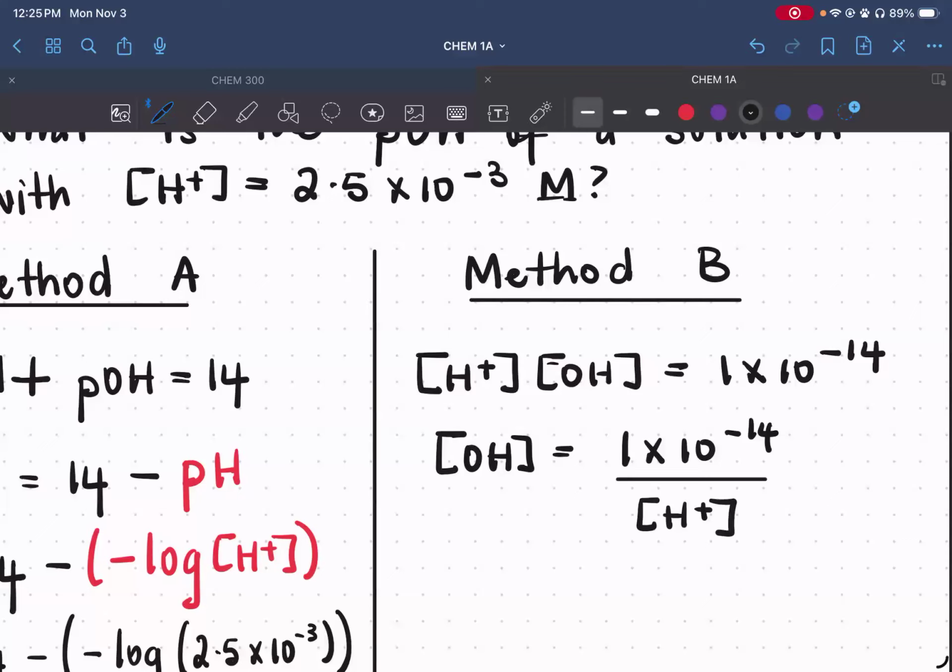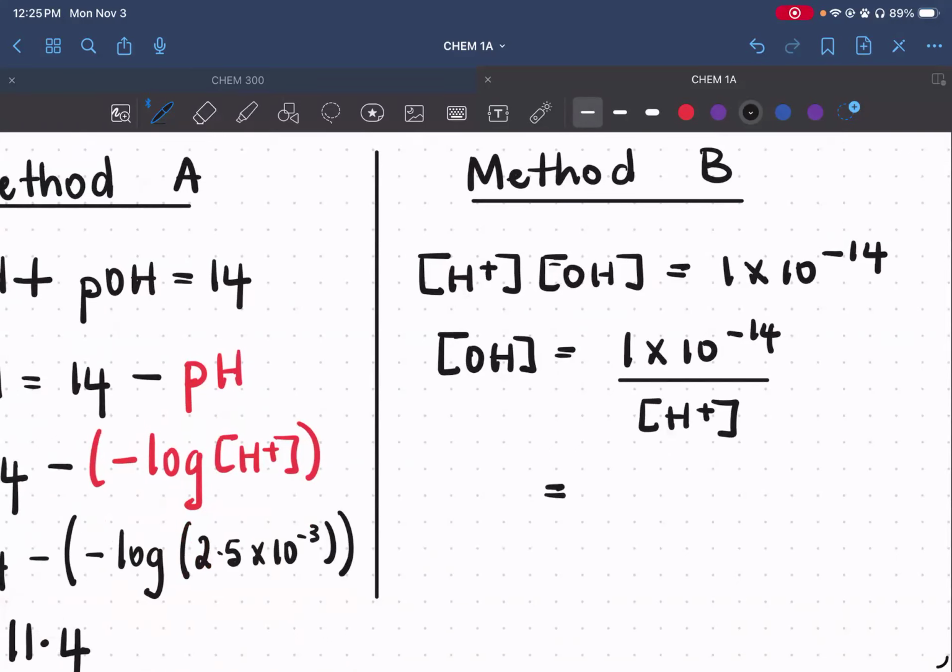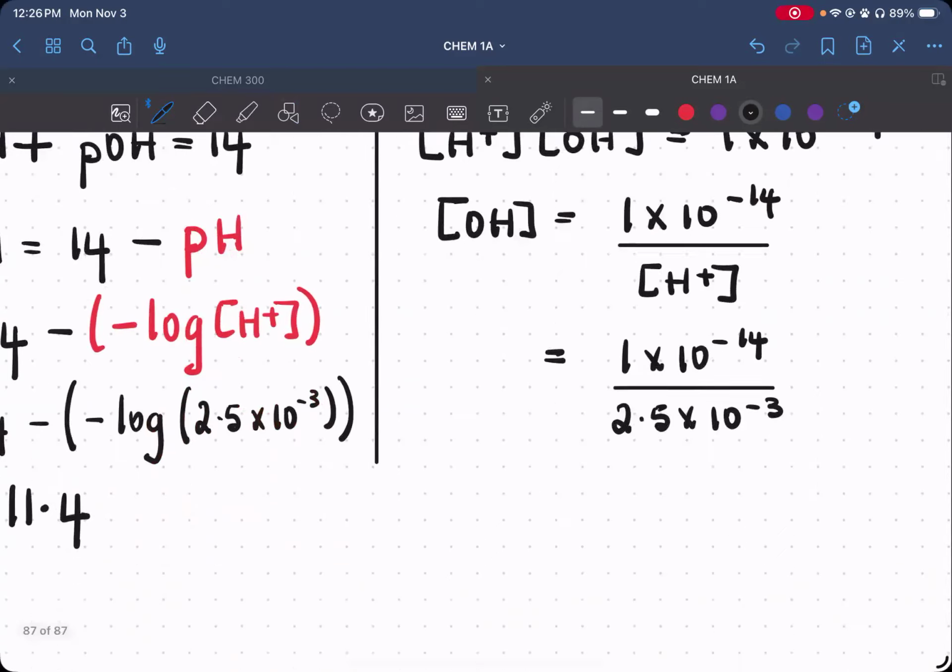All I've done so far is simply divide both sides by H plus. I can then say this is equal to 1 times 10 to the negative 14 all over the H plus concentration, 2.5 times 10 to the negative 3.